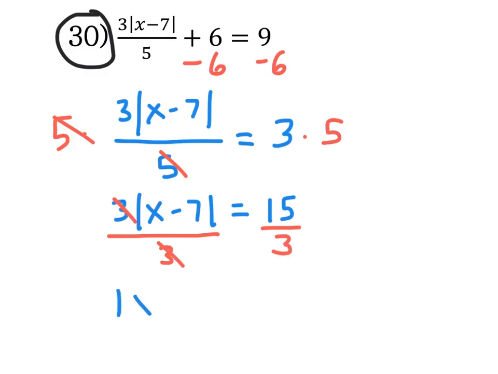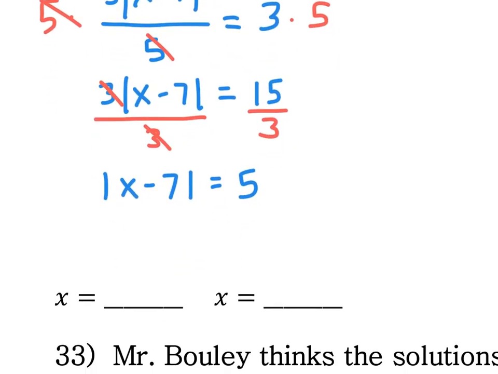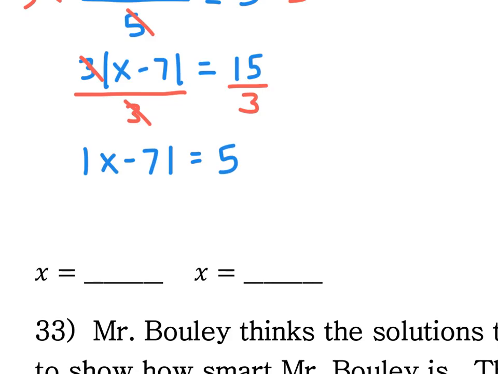The absolute value of x minus 7 equals 5. And now we've got the absolute value by itself. So now we split it up into two equations. So x minus 7 equals 5. And then we also need x minus 7 to equal negative 5.